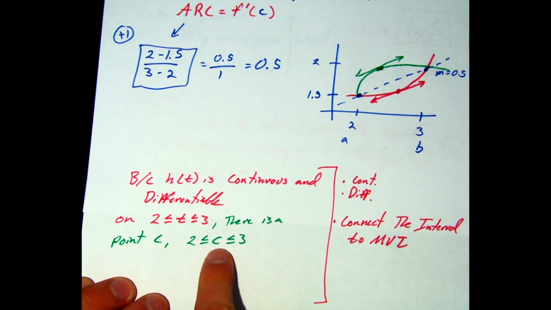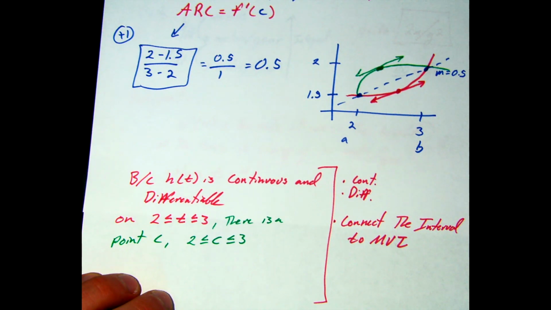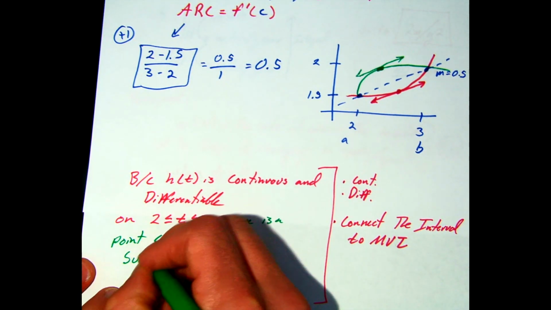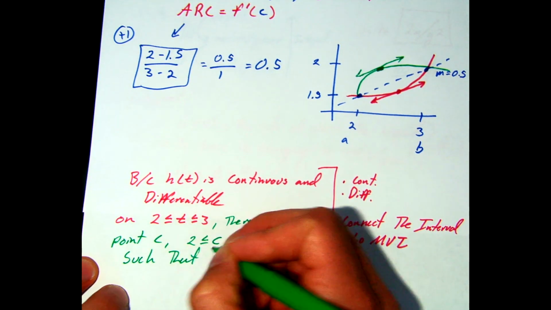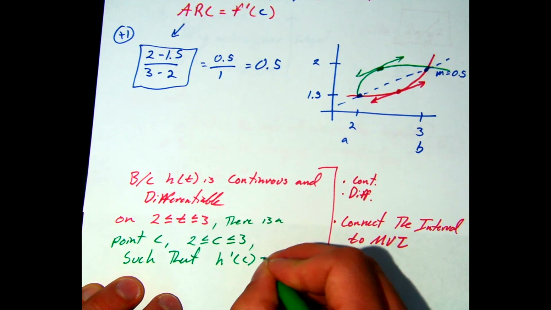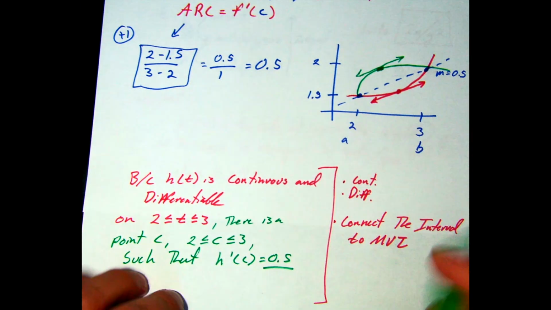I'm just substituting C for t because we have to connect it to the mean value theorem. And you would say such that h prime of C equals 0.5. That's what we proved up here.